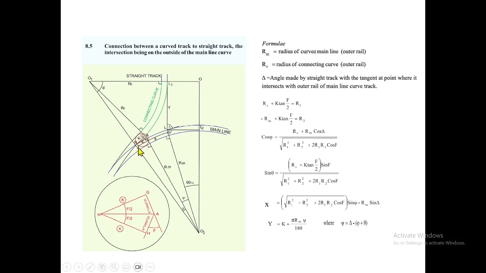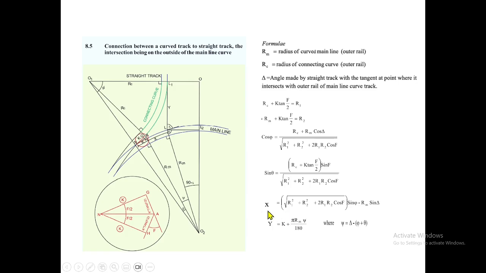That means the distance from the theoretical nose of crossing to the point where the side branch line's extension meets the main curvature.